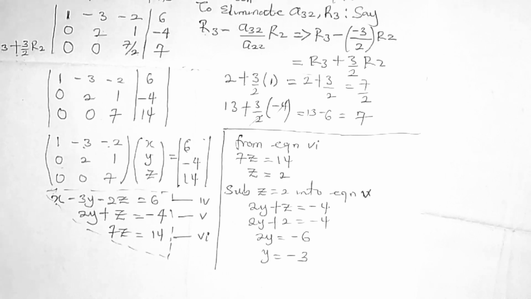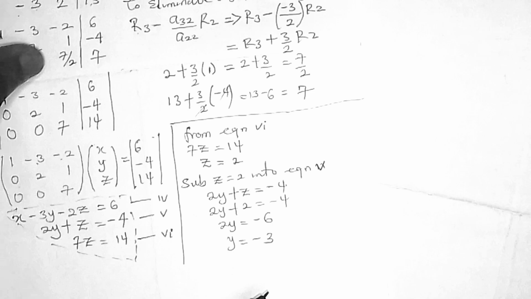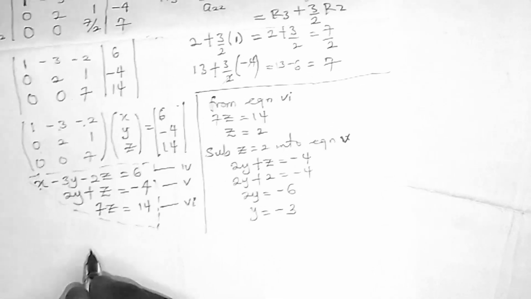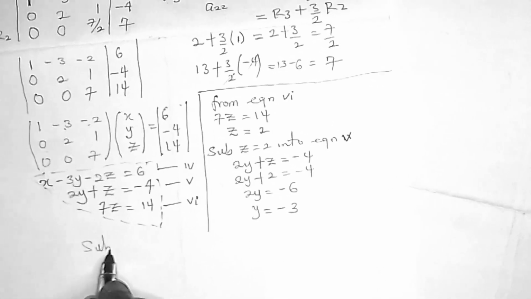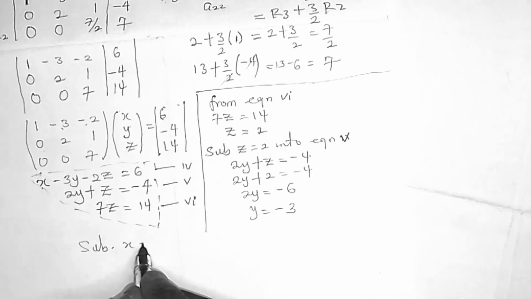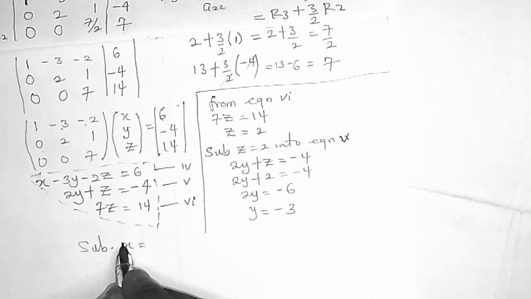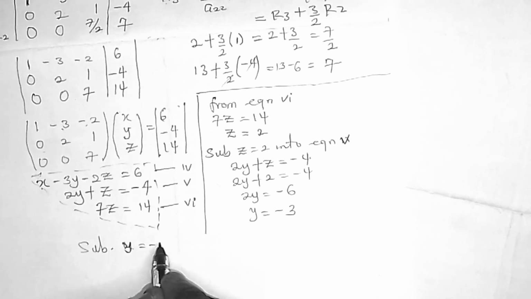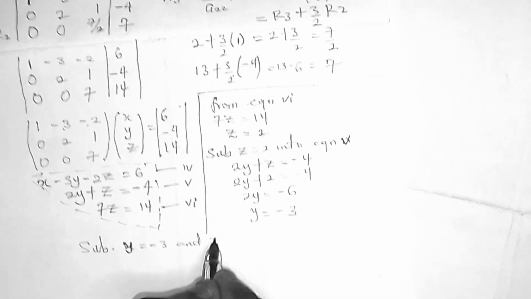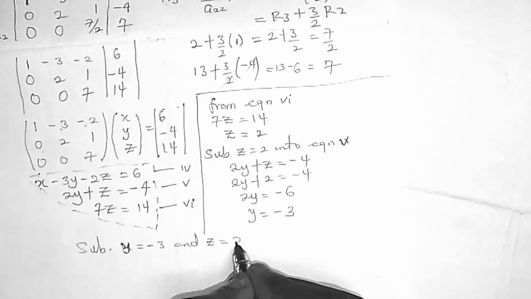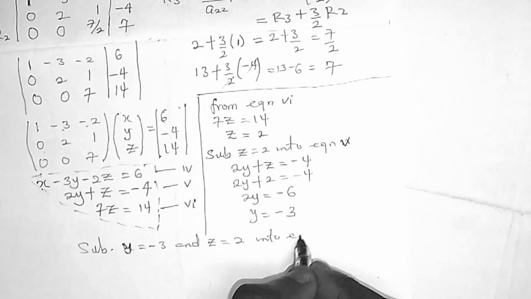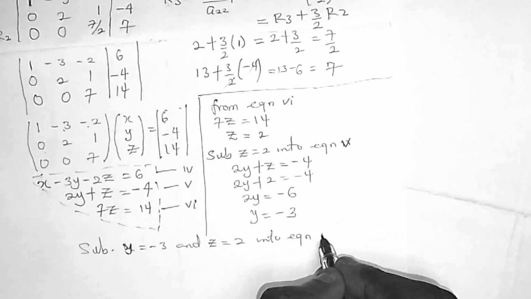Now, you've gotten z to be what? 2. You've gotten y to be what? Minus 3. Now, how will you get x now? You are going to substitute y and z into equation 1. So you can say substitute y equals minus 3 and z equals 2 into equation what now?